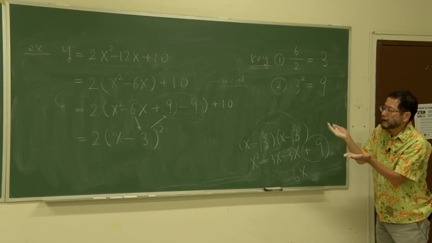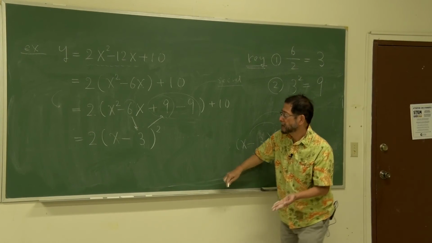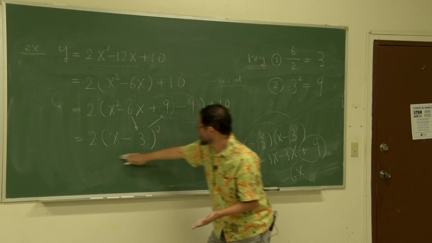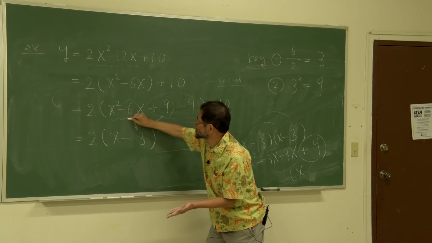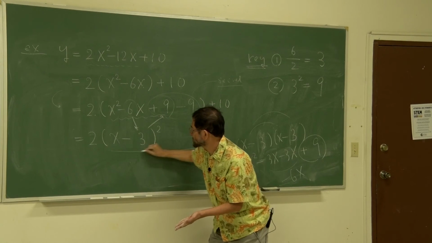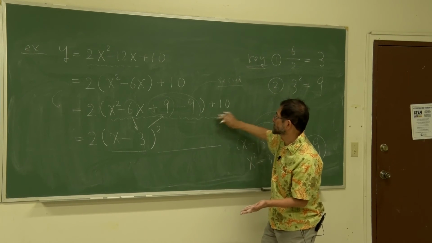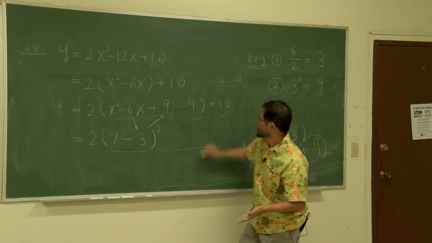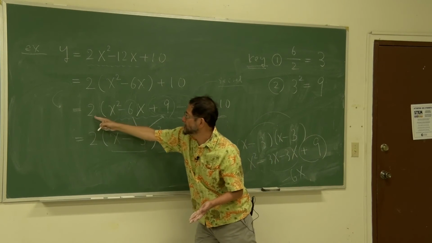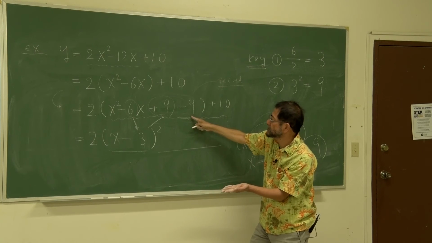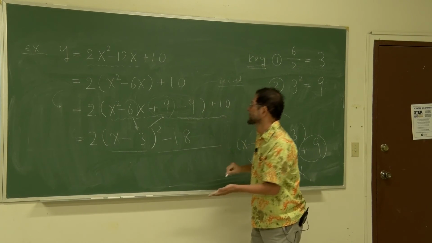But once you get this, the rest is easy. How do you complete it? This is still incomplete. These three terms are just factored: it's x minus 3 squared. Now you have to take care of the rest. This is negative 9, but remember the negative 9 is inside the parenthesis, so it's really 2 times negative 9, which is negative 18.